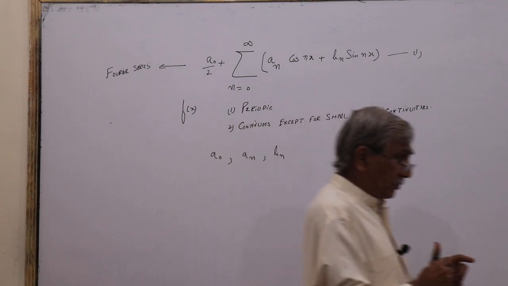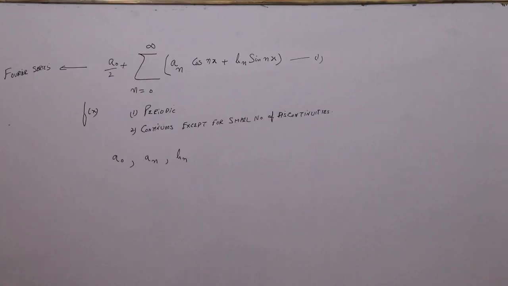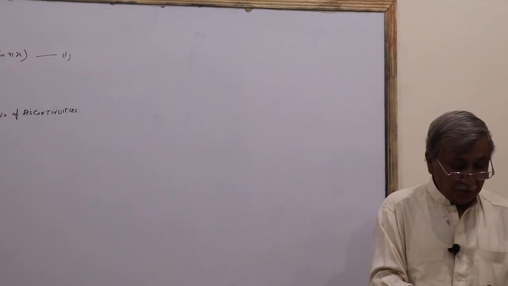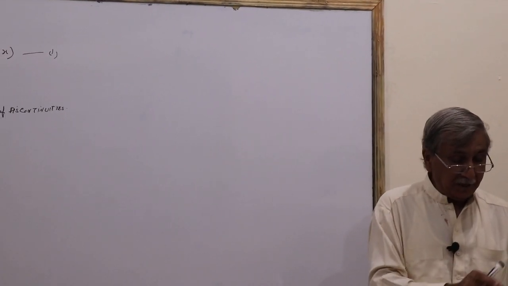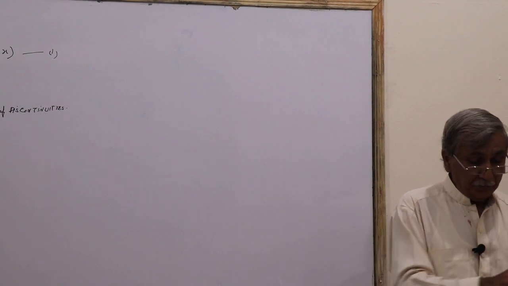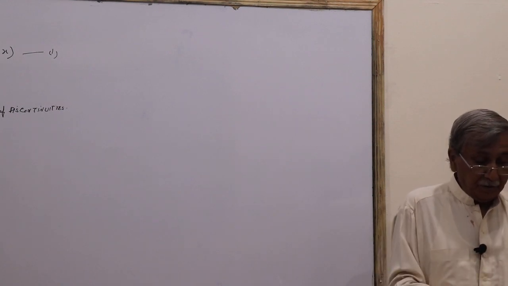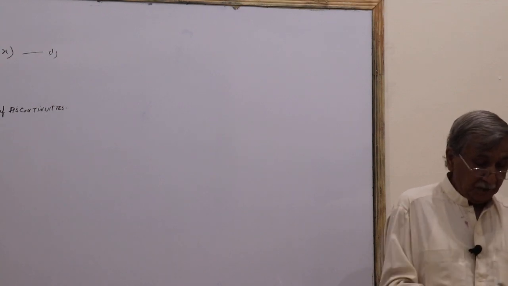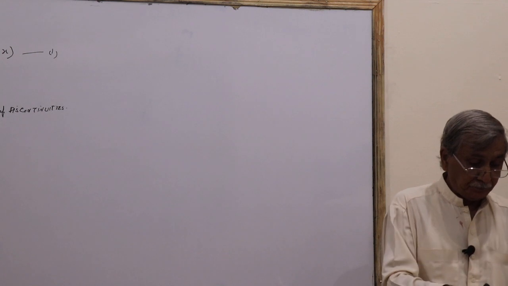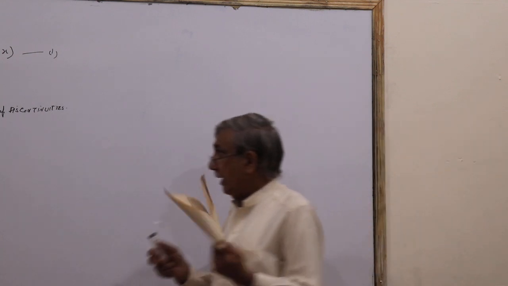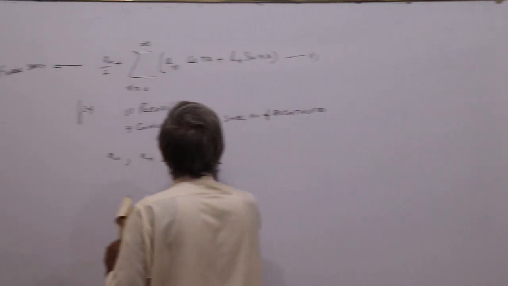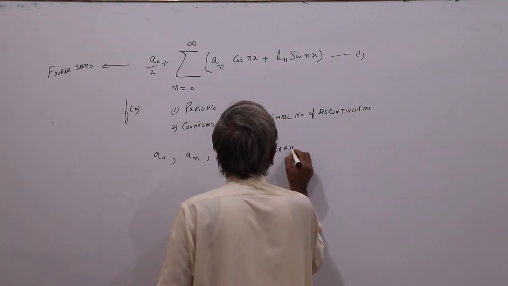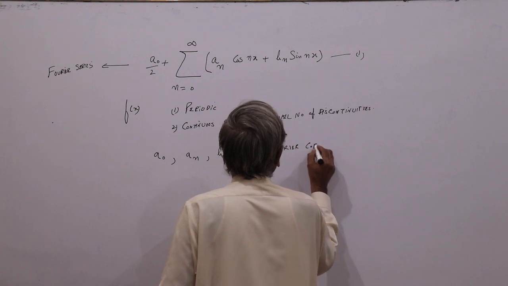But the question is how to calculate these Fourier coefficients, which I have written as a naught, a_n and b_n. That is calculated as follows; these are the Fourier coefficients.